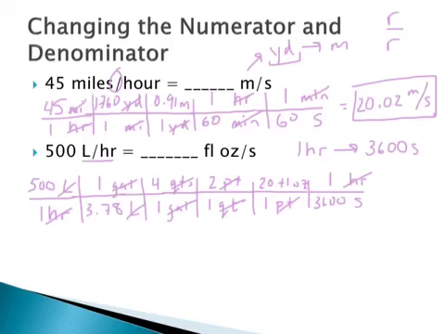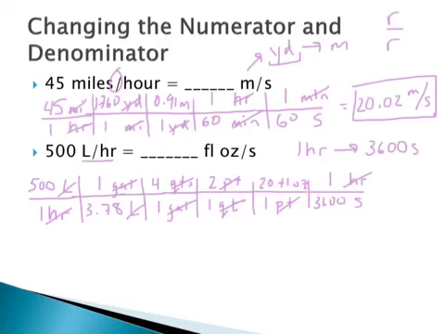Now to solve this, do the same process. All your numbers above should multiply across, and then you're going to divide by all the things in the denominator. So you're going to multiply all these, divide by all these. So I take 500 times 1 times 4 times 2 times 20 times 1 again.